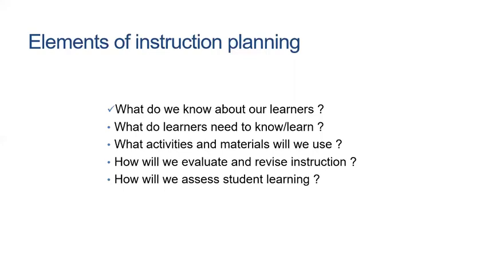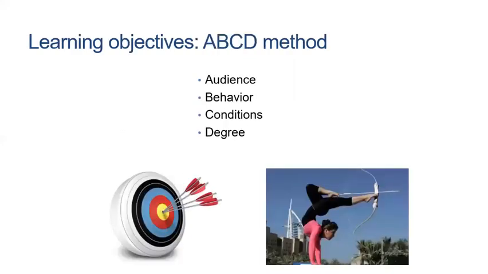Now, we've already talked about our learners, so let's talk a little bit about learning objectives. In order to be able to design activities and materials that are going to meet our need, we need to understand what we're doing, where we're going, what our end goal needs to be.